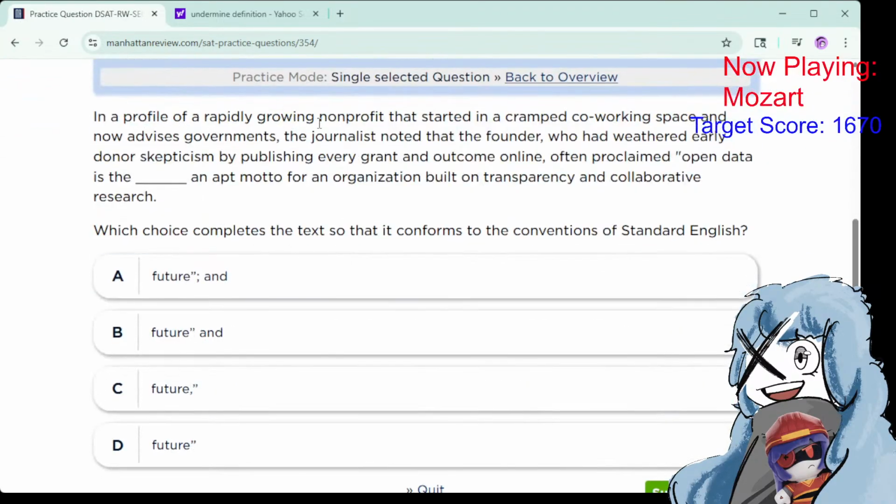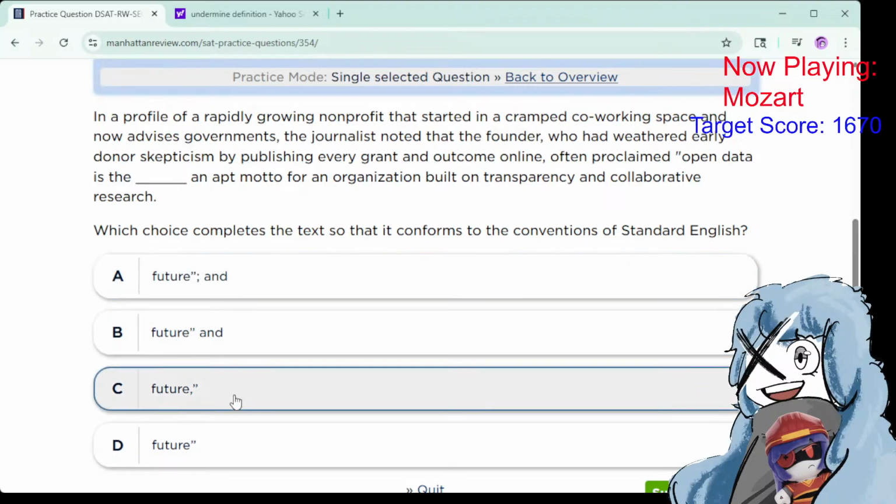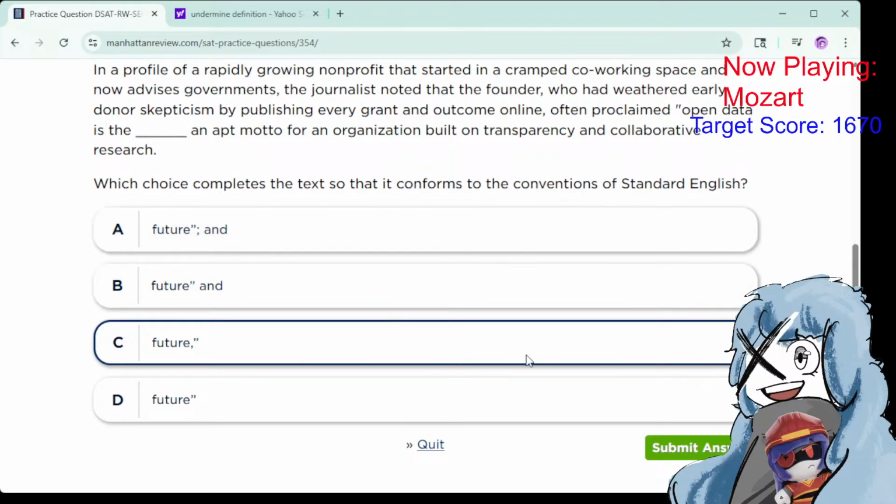And rapidly growing profits have started engineering crime working space. Let's see.